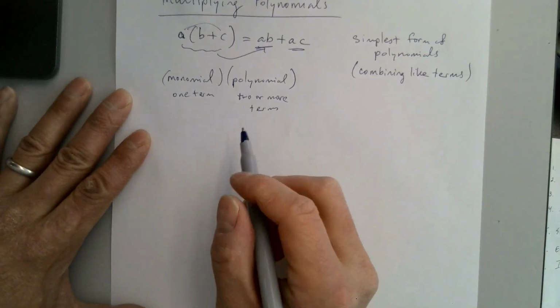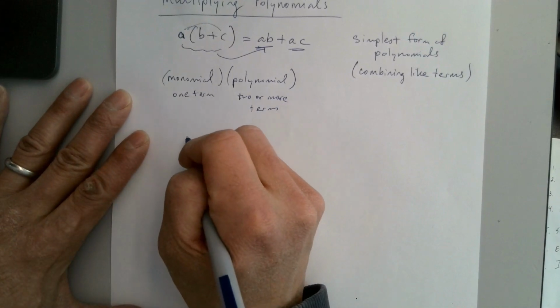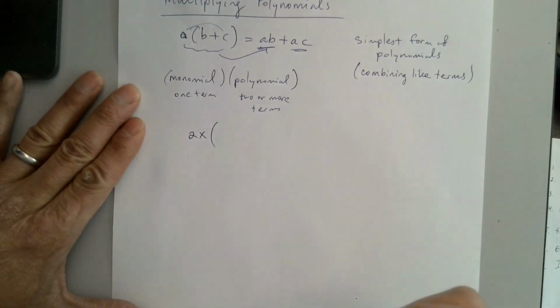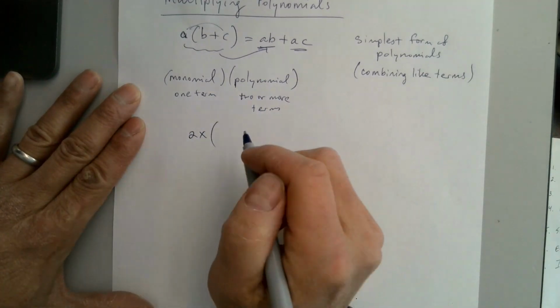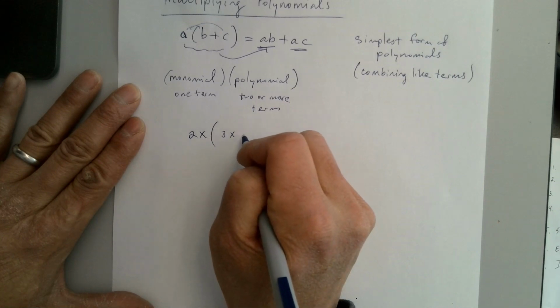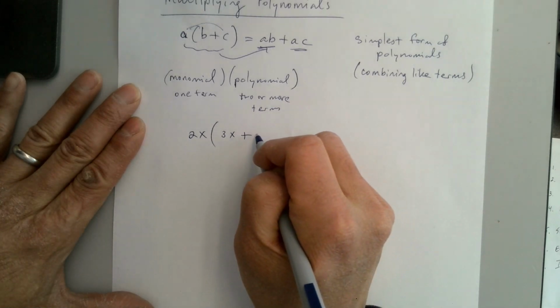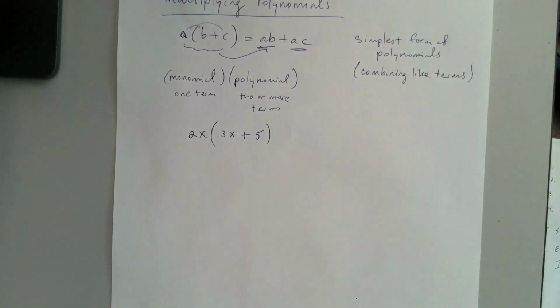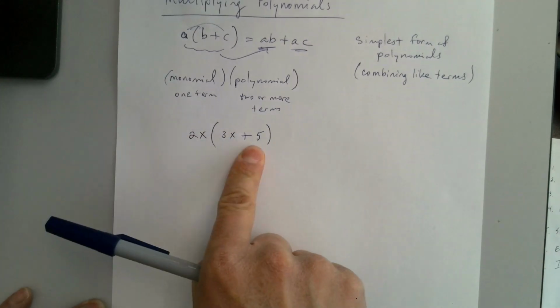So here's an example of a monomial. I'm just going to take 2x, a simple monomial, and I'm going to multiply it with a binomial of 3x plus 5. Monomial times binomial.